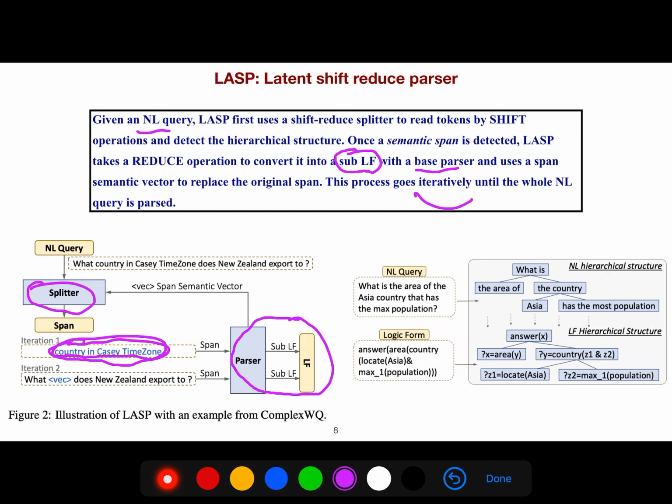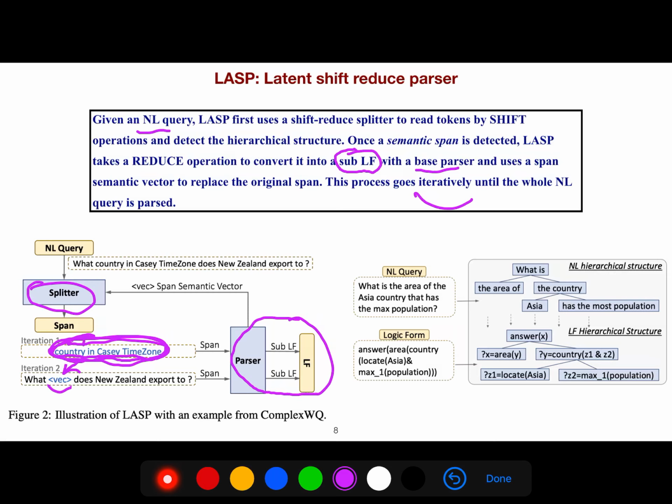So the splitter understands that it should split from here so that it's just a vector. So a vector is a good representation of some sequence of words that is split from the original sentence, so that we can just split it.